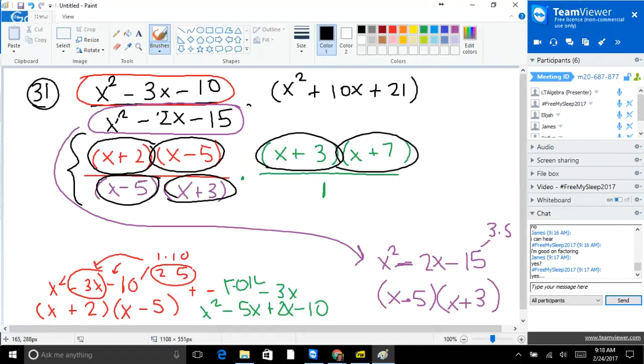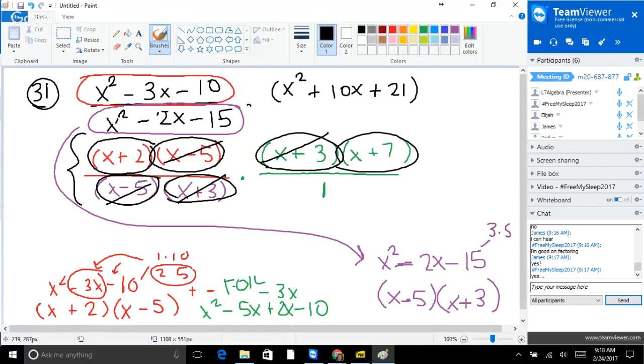So I have an x plus 3 up here, and I have an x plus 3 down here. And they cross each other off because it's whatever is contained in those parentheses. Okay, I have an x minus 5 in the numerator and an x minus 5 in the denominator. So I can cross those off.